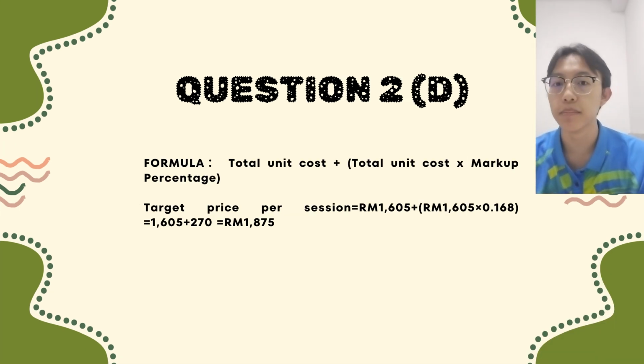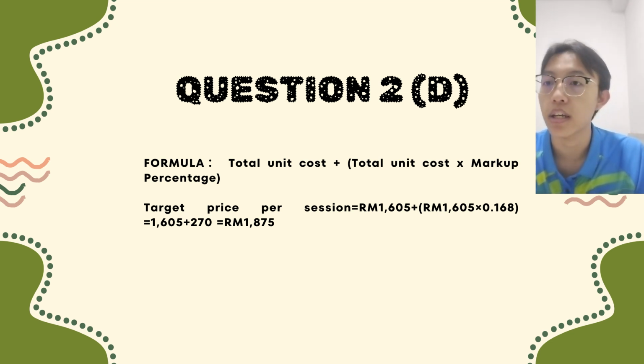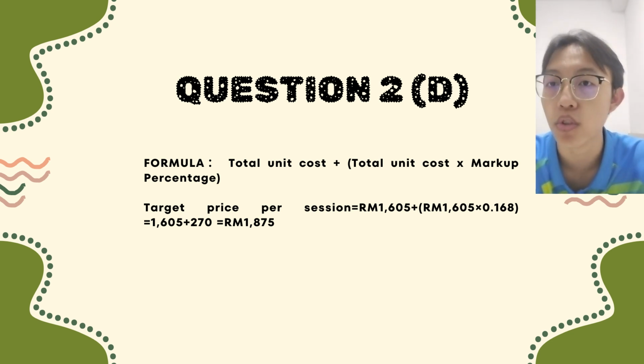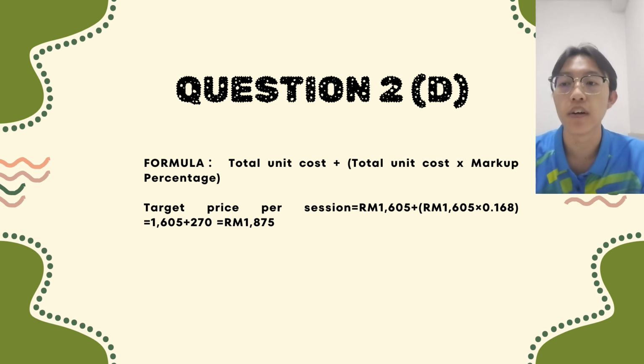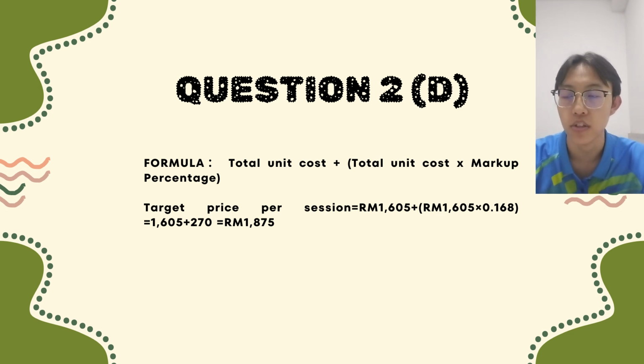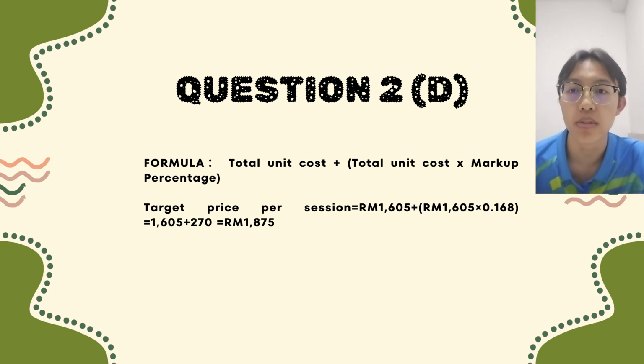Hi guys, my name is Elijah Bao, and my part is question 2D, which is to calculate the target price per season. The formula is total unit cost plus total unit cost multiplied by the markup percentage.